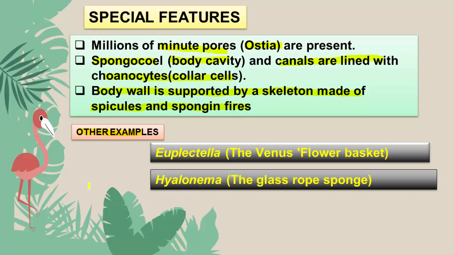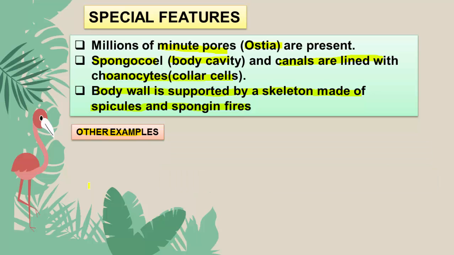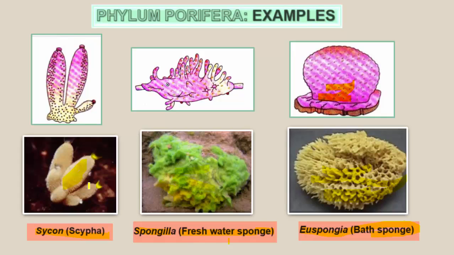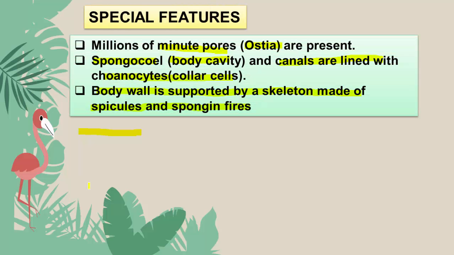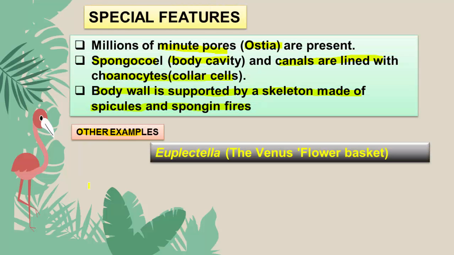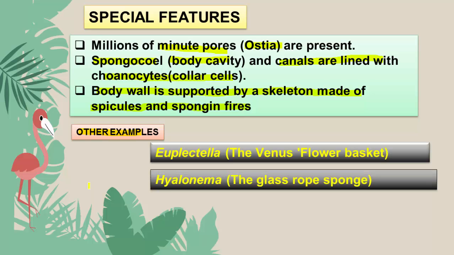Some examples for the poriferans are Sycon, then Spongilla, which is the example for the freshwater sponge, and Euspongia, known as bath sponge. And other examples of the phylum Porifera: Euplectella, which is called Venus flower basket, and Hyalonema, which is called glass rope sponge. So these are the general characters of the phylum Porifera along with the special features and particular examples.